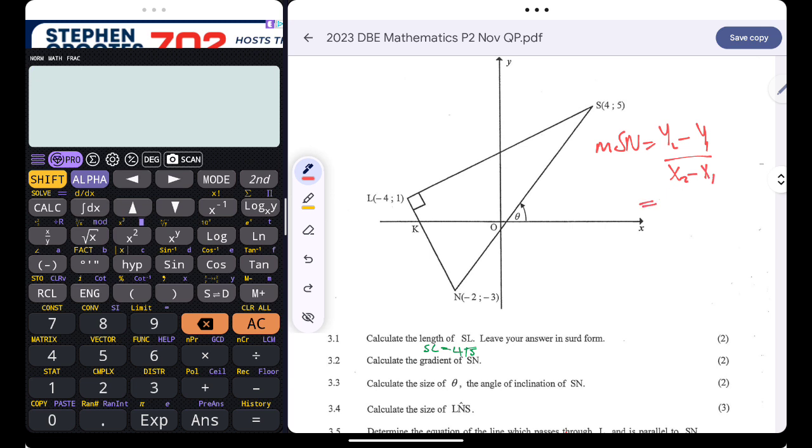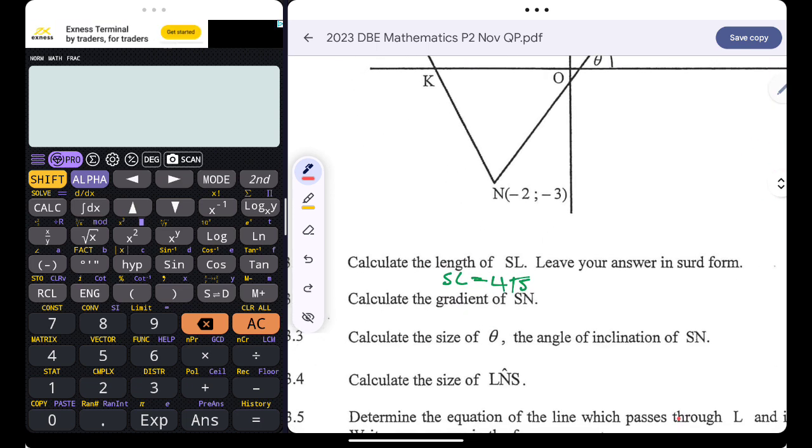Simply take the y value at N, which is -3, minus the y value at S, that's 5, all over the x value at N minus the x value at S. I'll have -8 over -6, which will give me 4 over 3. So I now know that the gradient of line SN is 4 over 3.